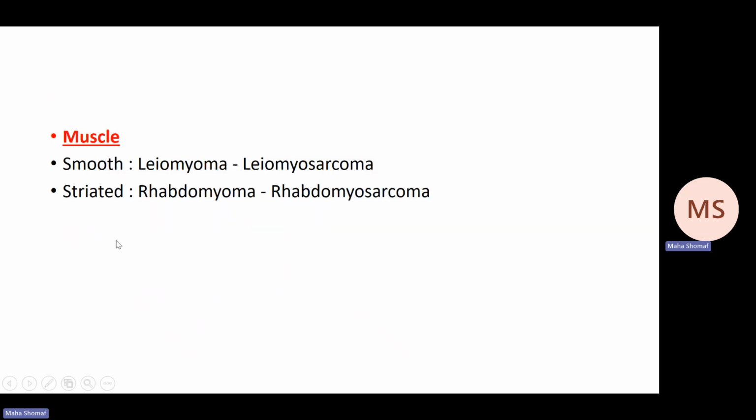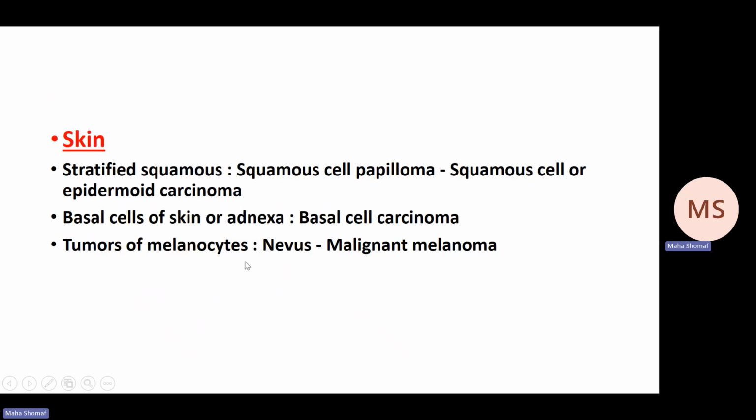Muscle can produce benign and malignant tumors. Leiomyomas are benign tumors, leiomyosarcomas are the malignant. Striated muscles also can produce benign tumors, rhabdomyomas or rhabdomyosarcoma, the malignant counterpart. In the skin, stratified squamous epithelium can produce benign tumors called squamous cell papilloma or squamous cell carcinoma or epidermoid carcinoma.